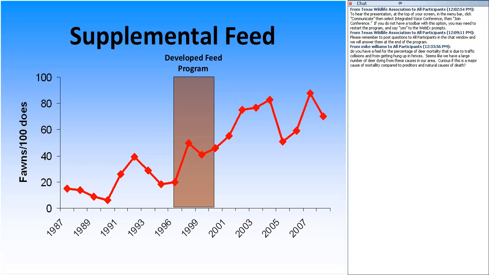And so fawn production went from 20 or 30 fawns per 100 does on average before the feed program, up to maybe an average of 60 fawns per 100 does afterwards. So it may have doubled or even tripled fawn production, and there's still a lot of variation going on there, but it really seems to make a difference.